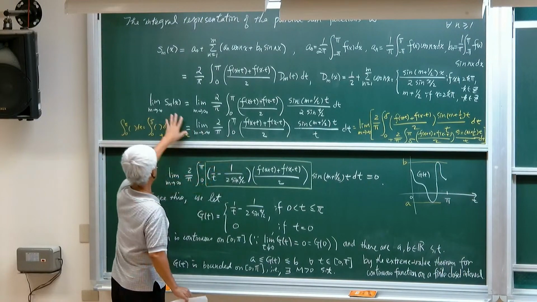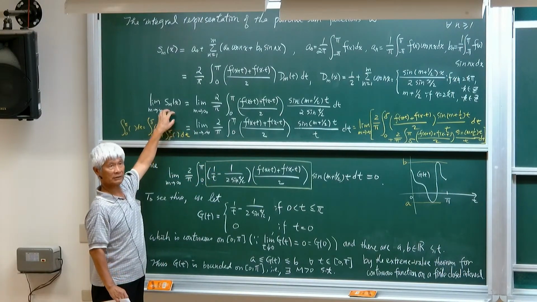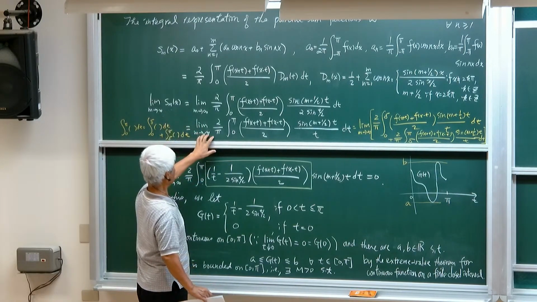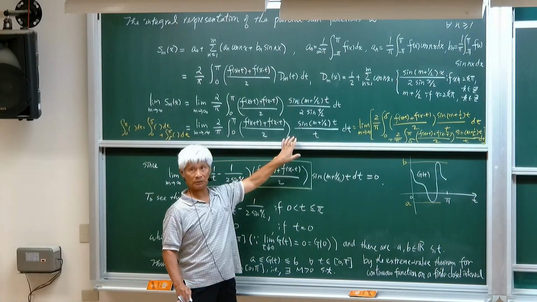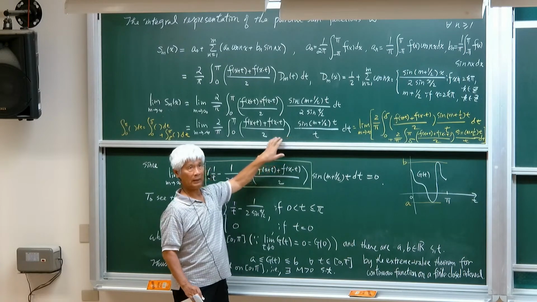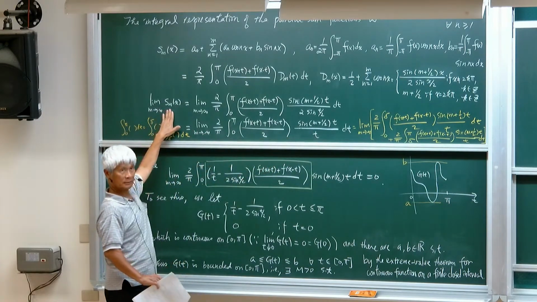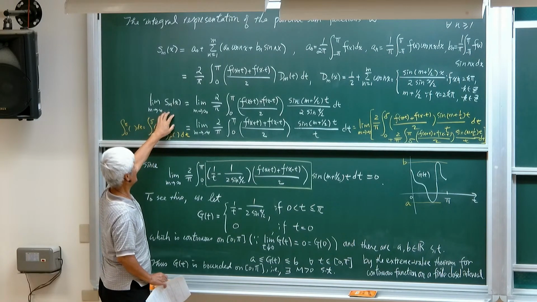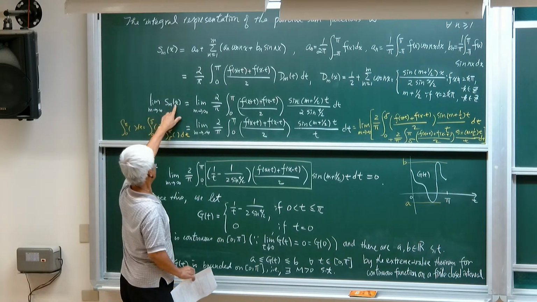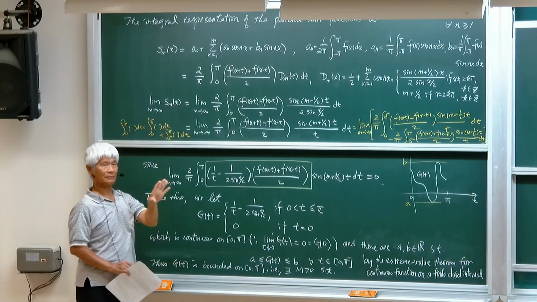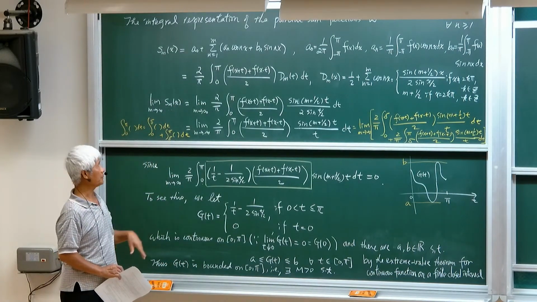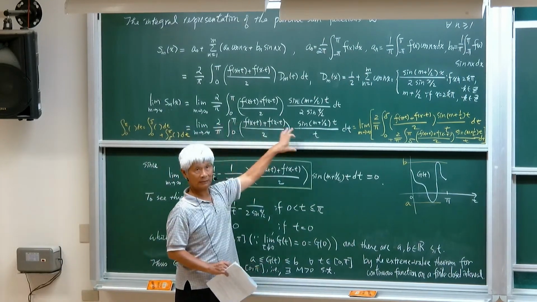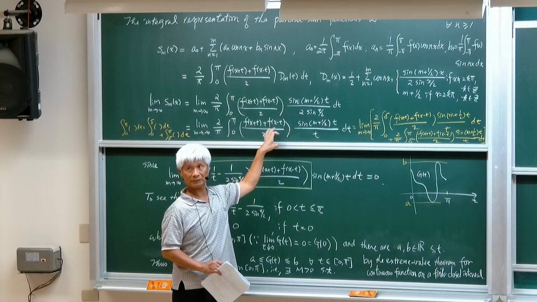This limit, because the limit of the partial sum function, okay, has been shown to be the limit of this integral. Okay, so that the trigonometric Fourier series converge at an x in between minus pi to pi, if and only if this is true, right? If and only if this limit exists.